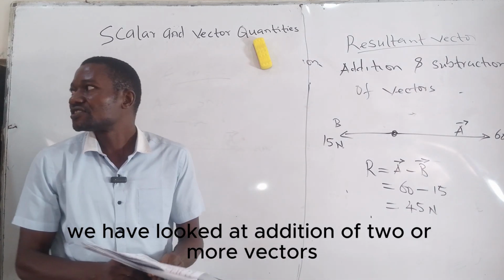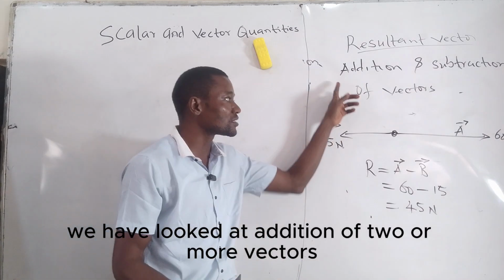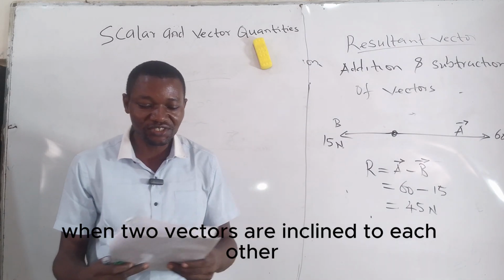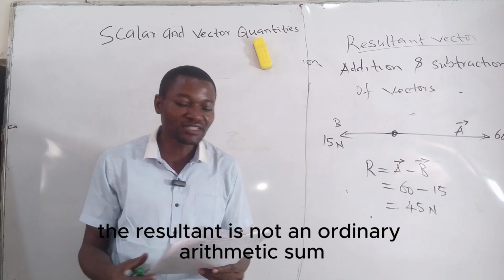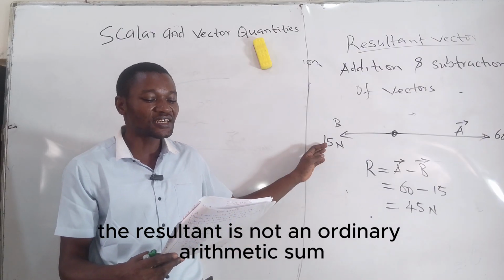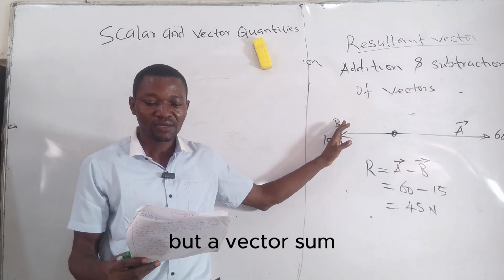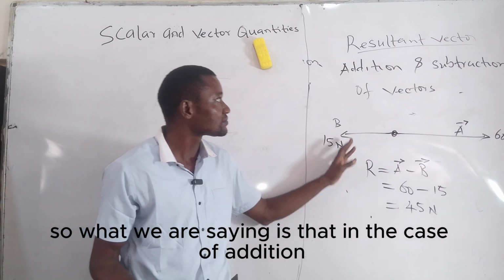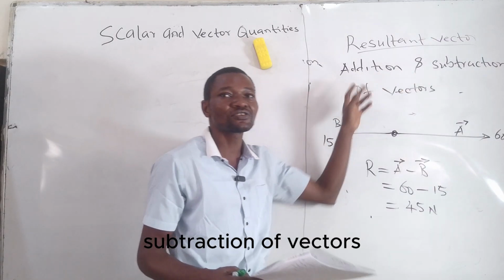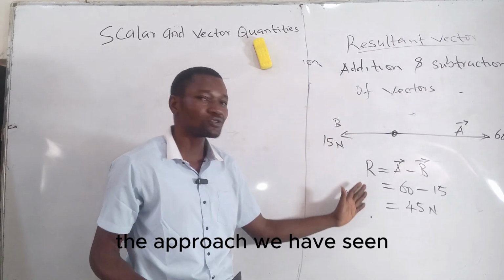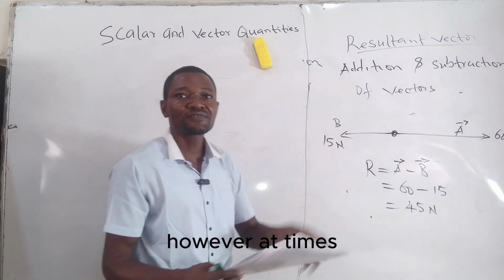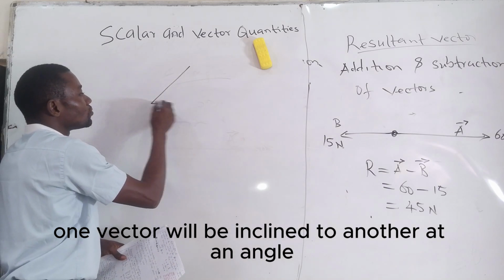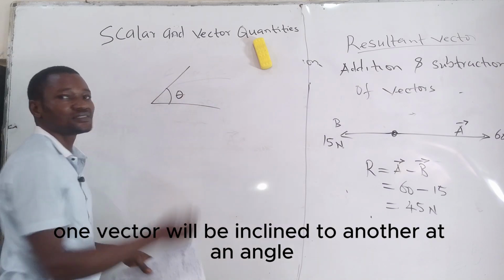We have looked at addition of two or more vectors. When two vectors are inclined to each other, the resultant is not an ordinary arithmetic sum, but a vector sum. So in the case of addition and subtraction of vectors, we have seen the approach. However, at times one vector will be inclined to another at an angle.